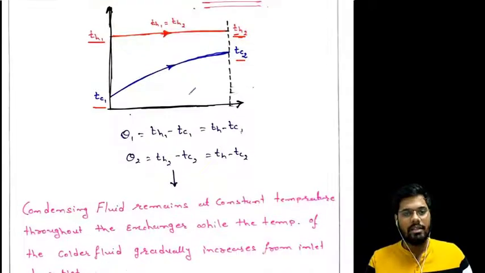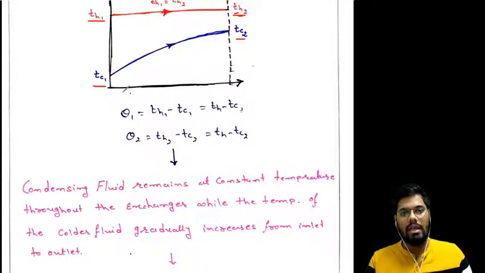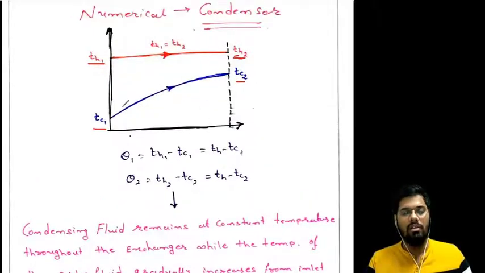So in condenser, condensing fluid means our hot fluid which is going to be condensed. In condenser, condensing fluid remains at constant temperature throughout the exchanger, while the temperature of the colder fluid gradually increases from inlet to outlet, as we can see from the figure.